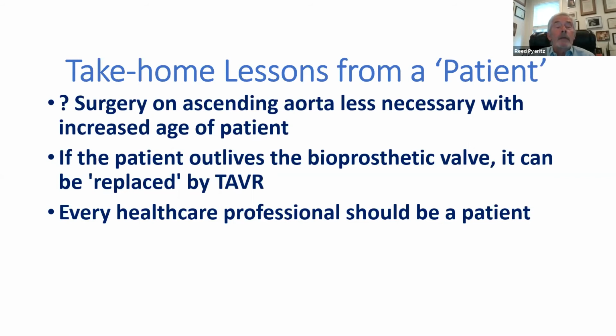And then it would be considered whether and when to replace the ascending aorta. In my case, if I'm fortunate enough to live longer than my bovine pericardial valve lasts, I'm reassured that another valve can be placed inside using a catheter and without needing another cardiac operation.